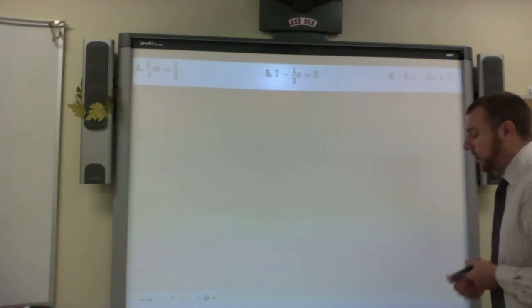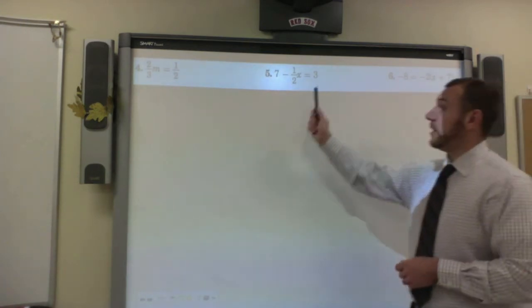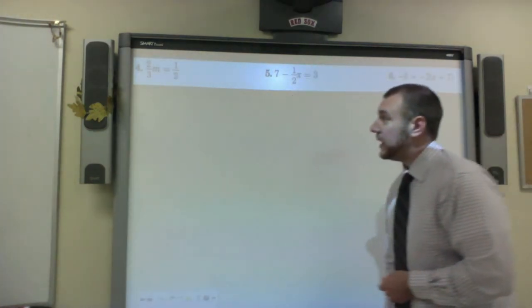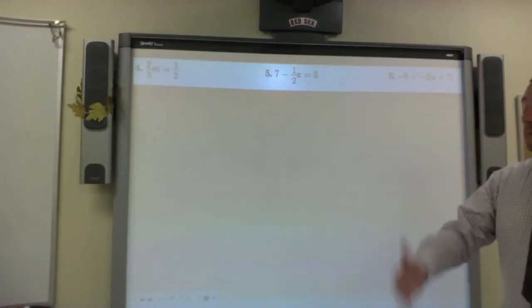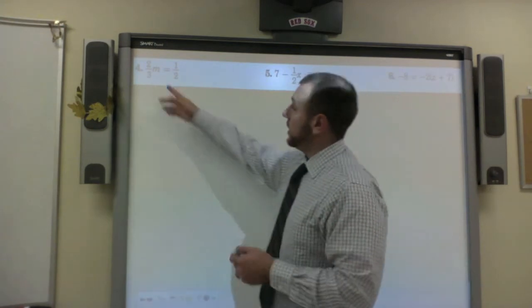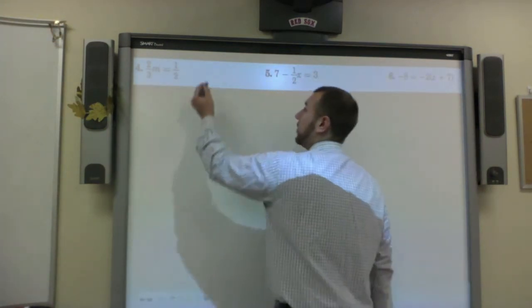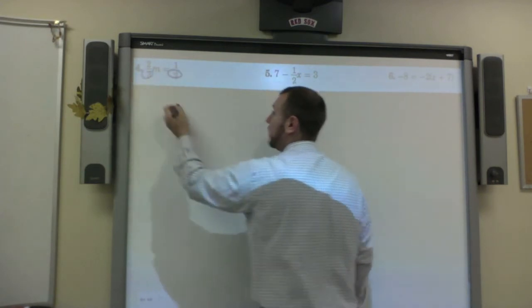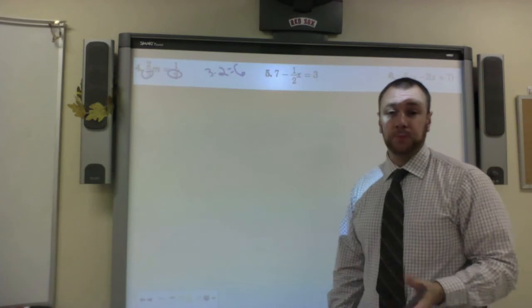And then the only other tricky solving is anything with a fraction. And what I have to do with that is I have to find the common denominator. So if I look at this 2/3 and 1/2, the common denominator can always be found by taking those two numbers. What's 3 times 2? 6.